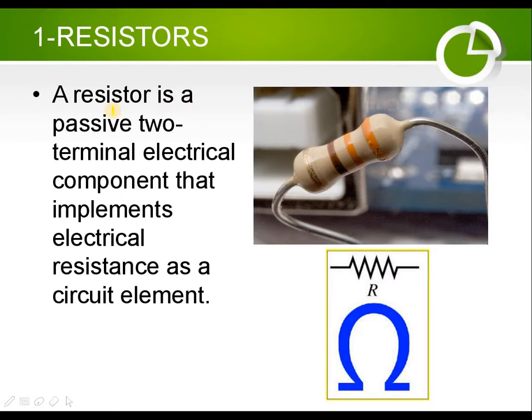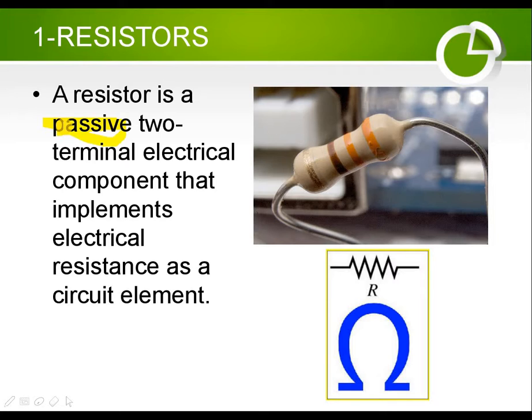A resistor is a passive two-terminal electrical component. The main thing here is "passive." In this definition there are two types of components. In the terminology of circuit analysis, one term is called active components, and the second term is called passive components.